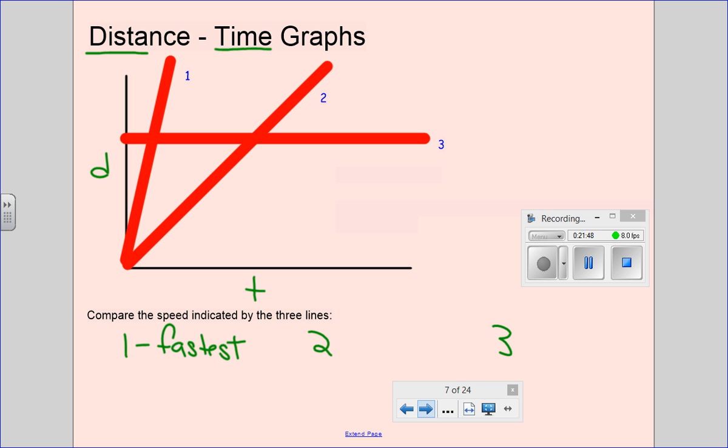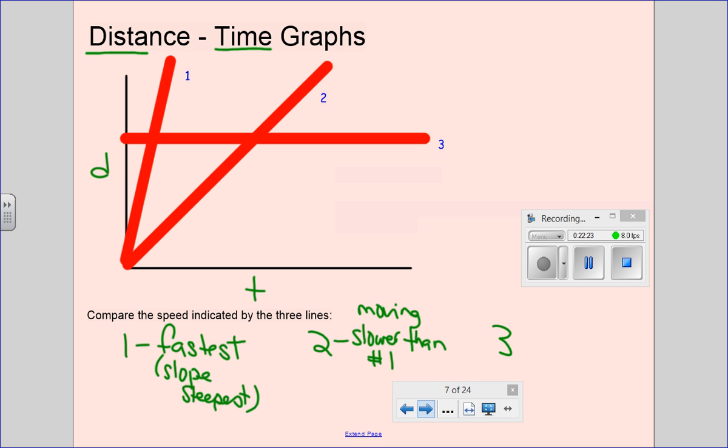I can't say how fast it's moving, but I know it's moving the fastest, and that is because its slope is the steepest. Now, number 2 is moving, but it's not moving as fast as number 1. So I could simply say that this object is moving slower than number 1. I can't say by how much because there's no numbers on the graph, but the slope is not as steep, so I know that it's not moving as fast.